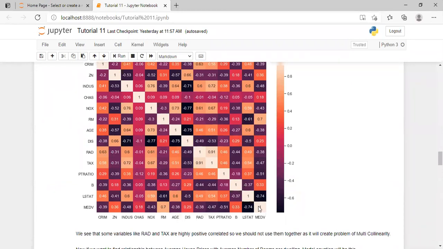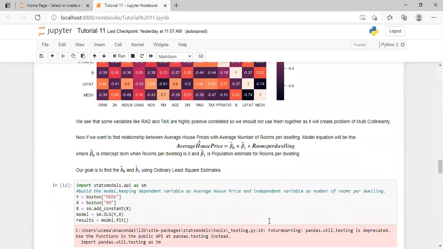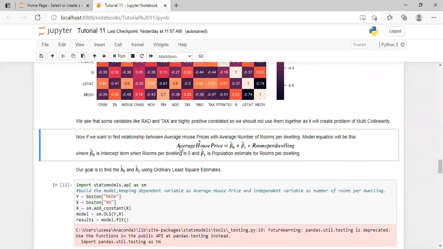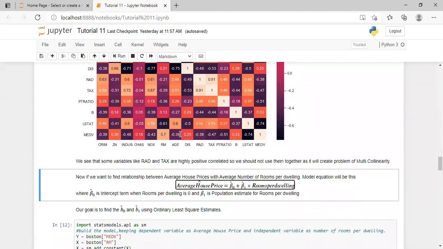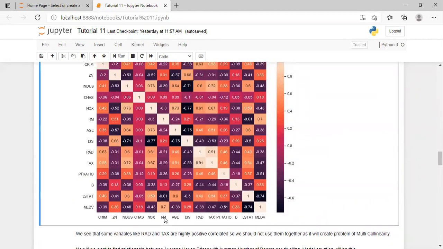Okay, and there are some columns that have a negative correlation with MEDV, so we can use them in a regression. If we want to find the average house prices with the rooms per dwelling, which is RM in our data, I want to find the relationship: if the number of rooms increases, should the price of the house increase?